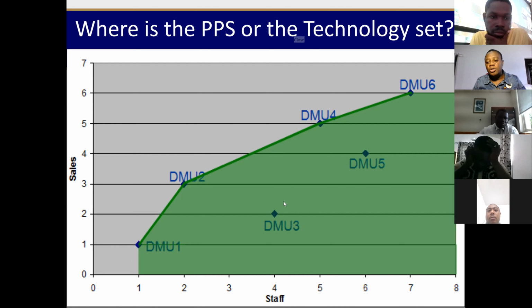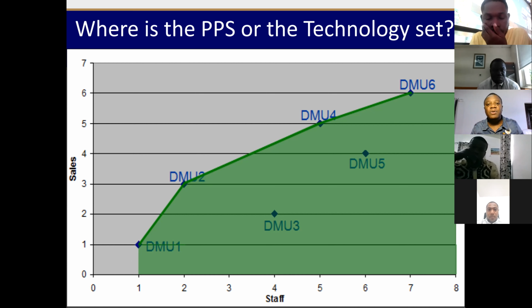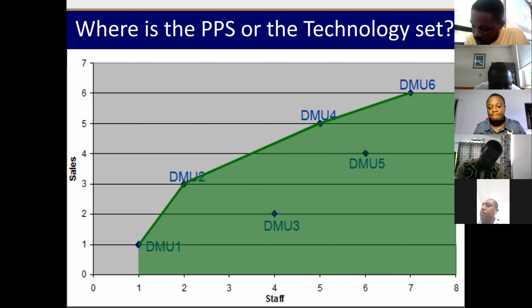So dominated firms are firms. Who can tell me which firms are dominated? Adiaba. Firm number 5 and firm number 3, because they are inefficient. Yeah. A dominated DMU is an inefficient DMU. But why do we say dominated DMU?